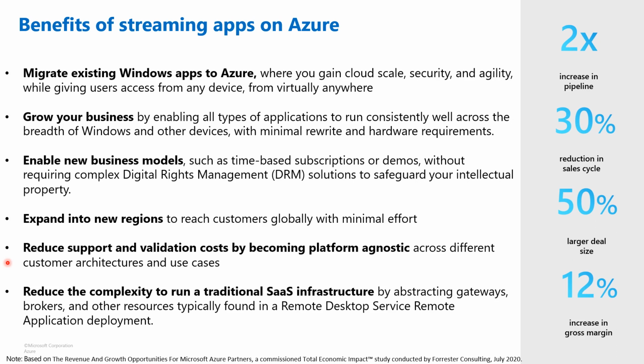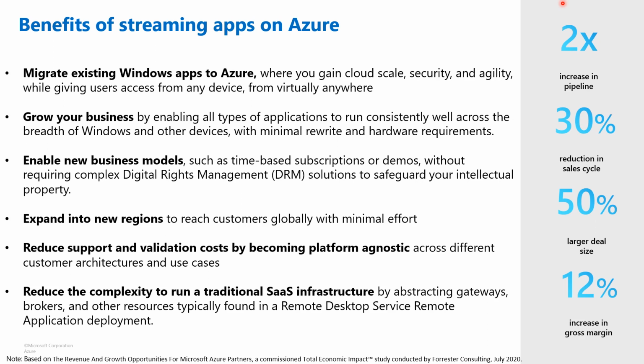Now this was recently, so a study was recently done with Microsoft and Forrester to interview a broad range of partners, from early stage companies with several million euros in revenue to well-established companies with several billion dollars in revenue. And the goal was ultimately to get a precise look at the quantified opportunity of working with Azure.